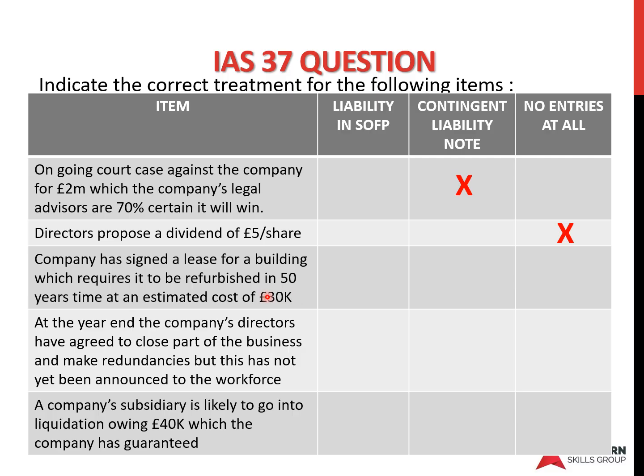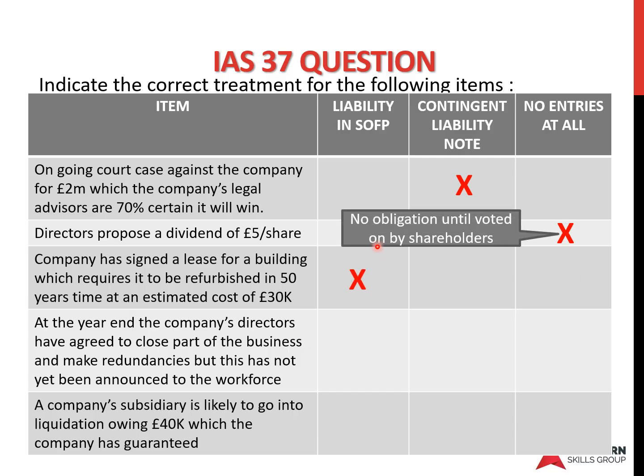The only thing that's uncertain, perhaps, is the actual amount of the cost of refurbishment, and so that arguably would be a provision, but in that case it still needs to go into the statement of financial position as a liability. In this particular instance, it would be discounted to a present value.